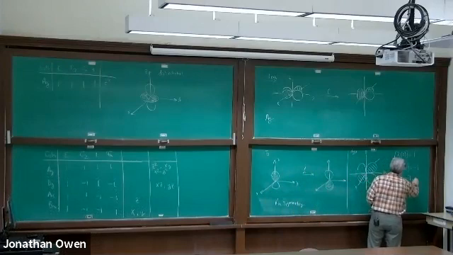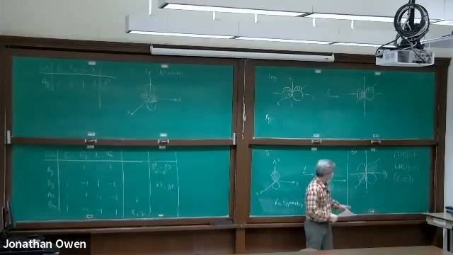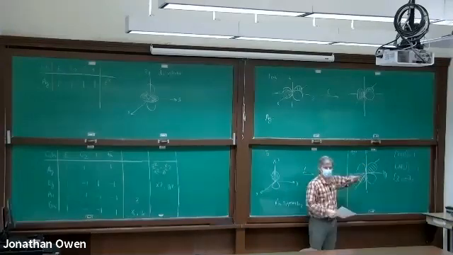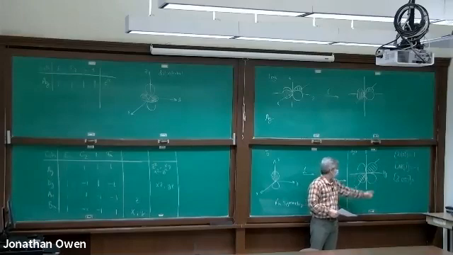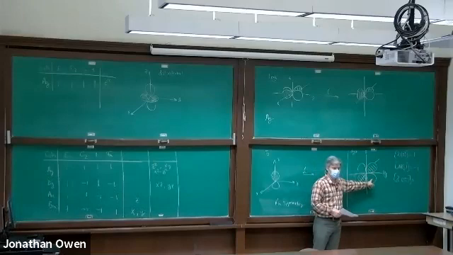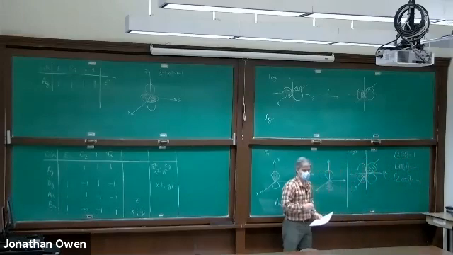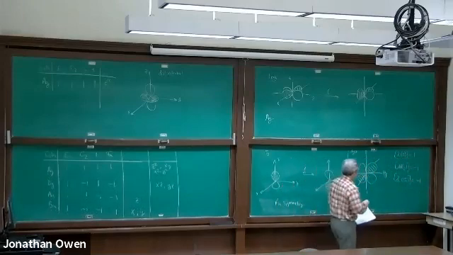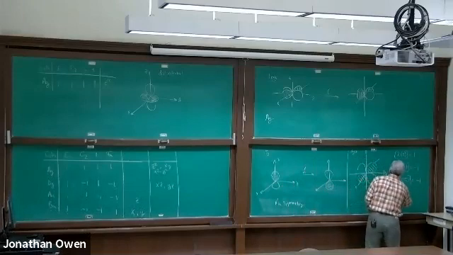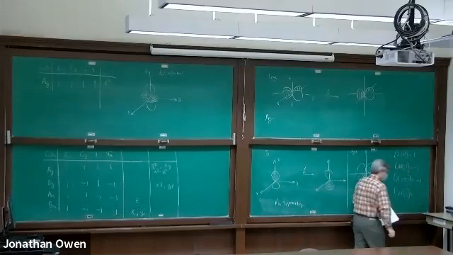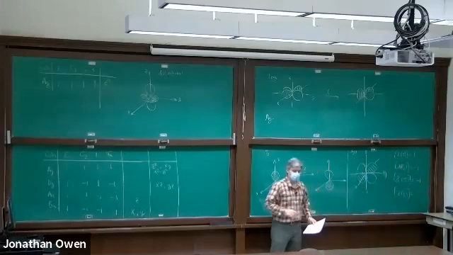Sigma h. Where is sigma h? Well, this axis is along z. Sigma h is the xy plane. What happens to this one? Plus to minus, anti-symmetric with respect to sigma h. How about with respect to inversion? Well, you can say the orbitals are symmetric with respect to inversion.